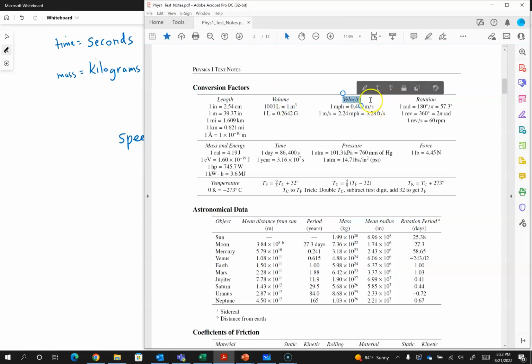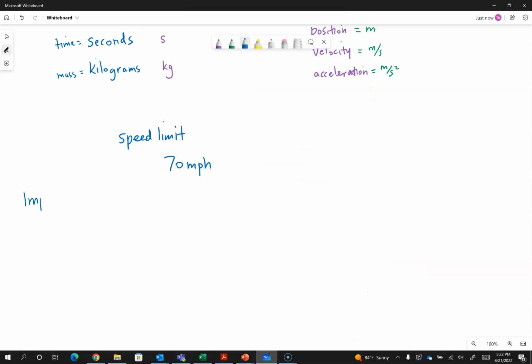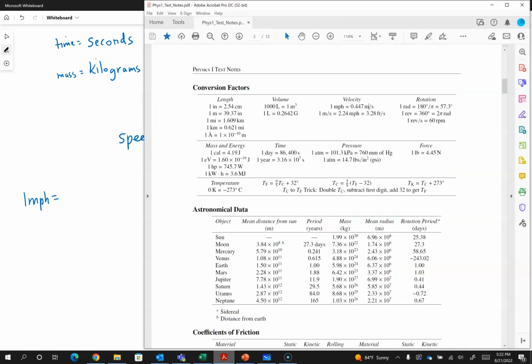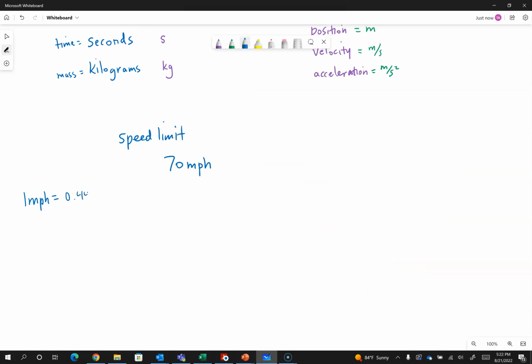Now we have two different written out. 1 mile per hour, I'll go ahead and write that one over on our second screen. 1 mile per hour is equal to 0.447 meters per second. So saying 1 mile per hour is the same as saying 0.447 meters per second.